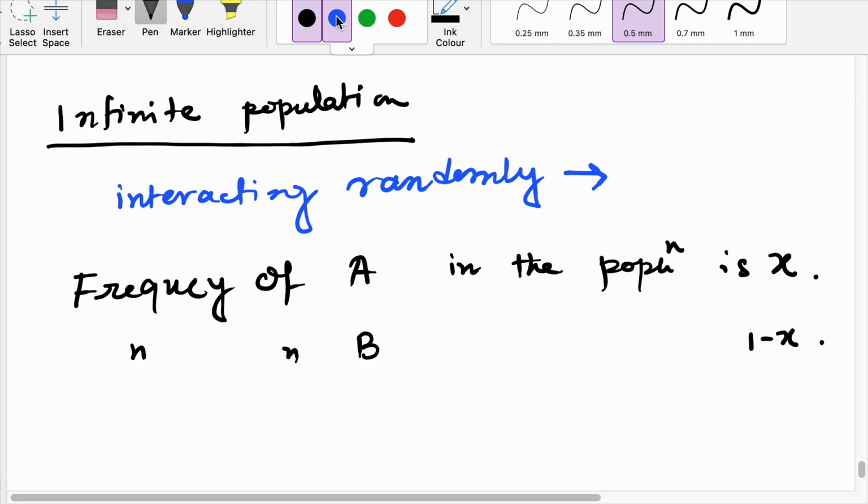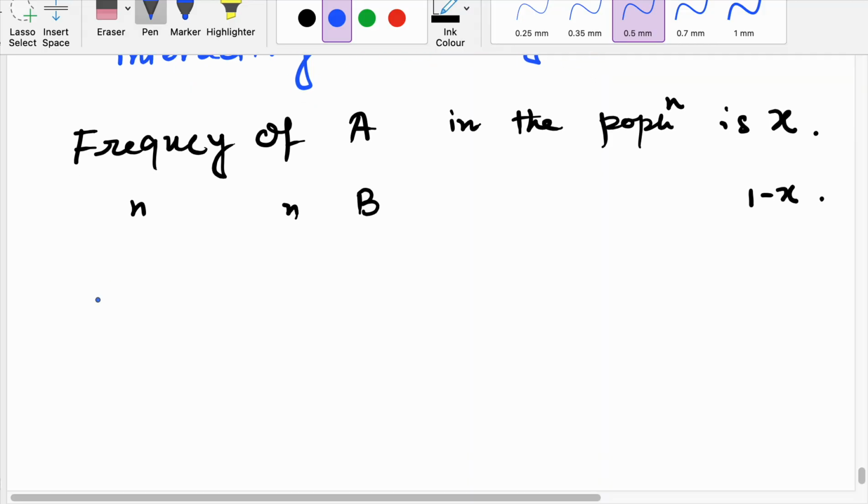Now if I ask the question, what is the probability that one A type individual will interact with another A type individual?